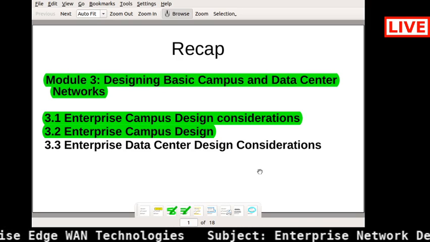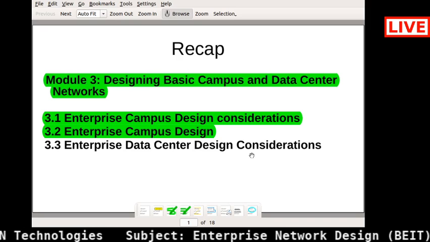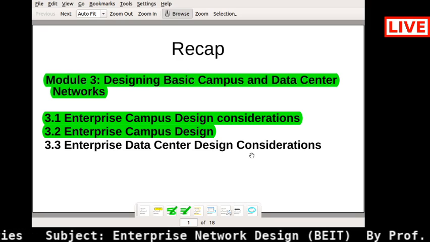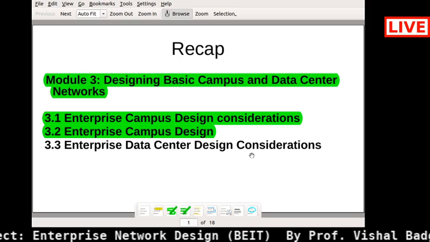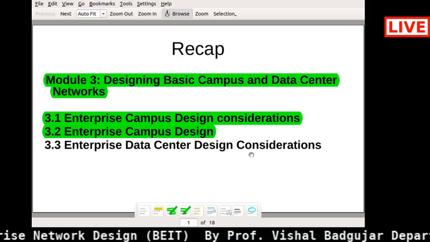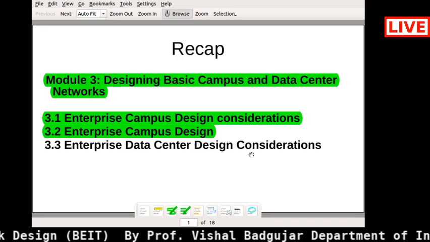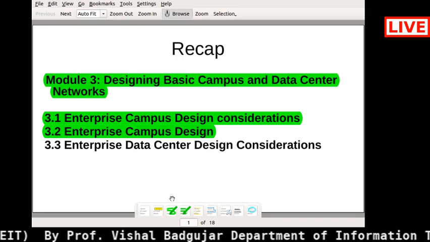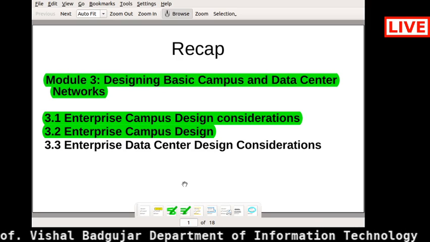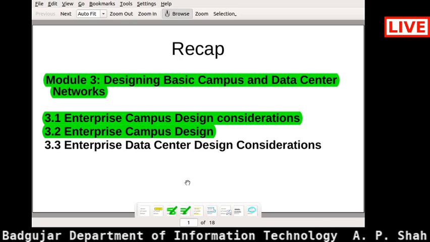So for designing the campus, we also saw that sample enterprise campus design, how it can be structured, and what the different components are that we are going to use in this campus design.